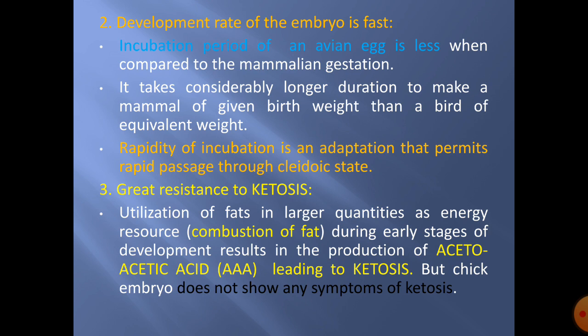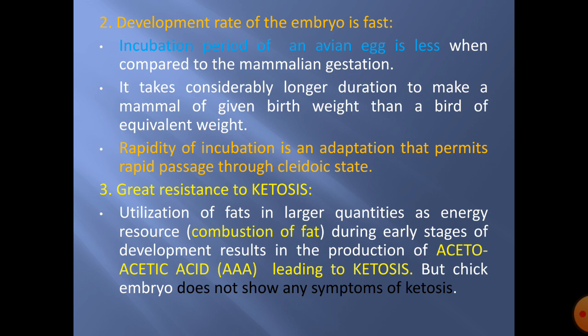Then the second significance, or metabolic property, is that the development rate of the embryo is fast in cleidoic eggs. The incubation period of an avian egg is less when compared to mammalian gestation. For example, in a hen's egg, 21 days is the incubation period.